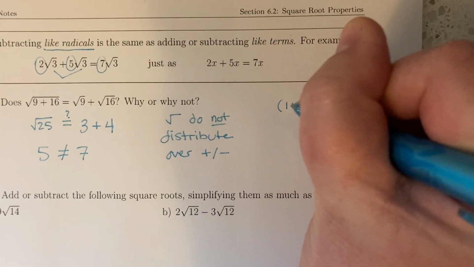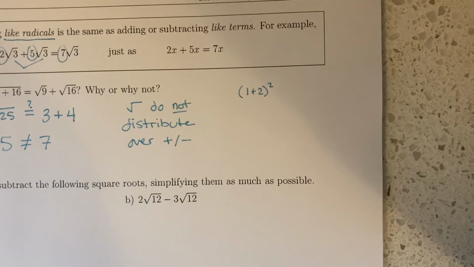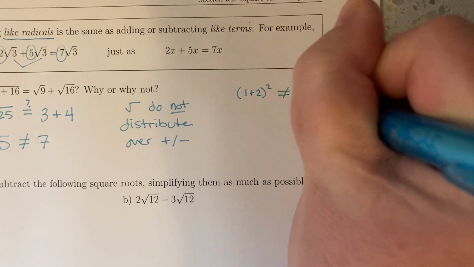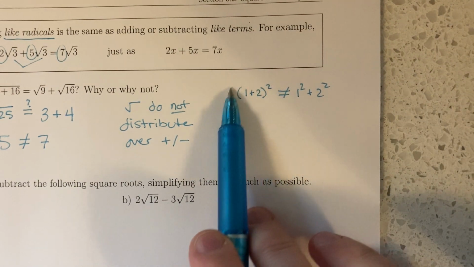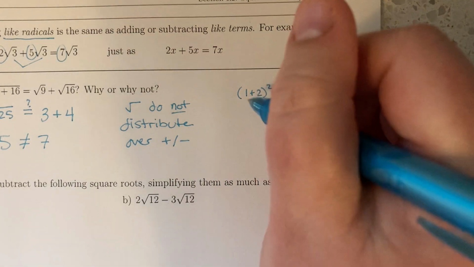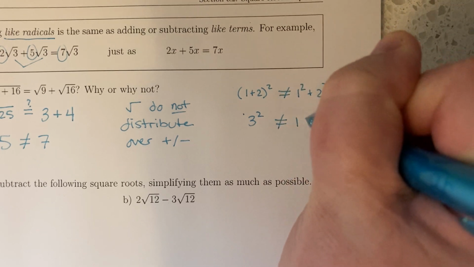Let's just say 1 plus 2, squared, is not the same thing as 1 squared plus 2 squared. We did a lot of foiling when we had an addition being squared, because this would be 3 squared, and that's not the same thing as 1 plus 4.